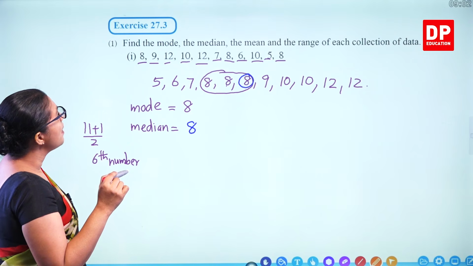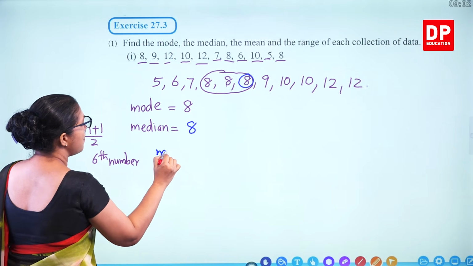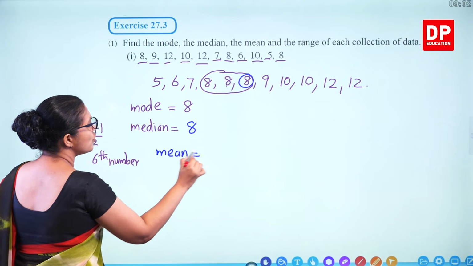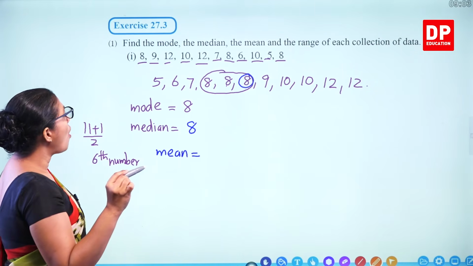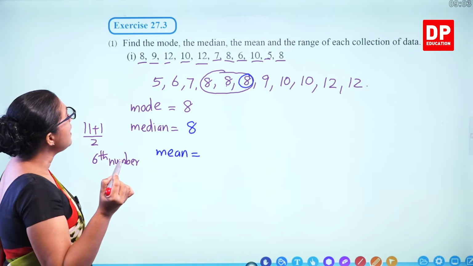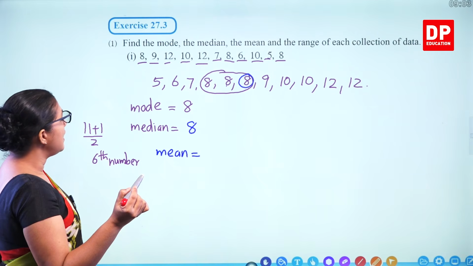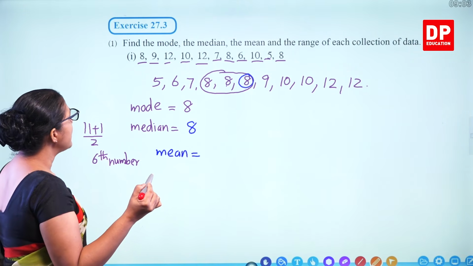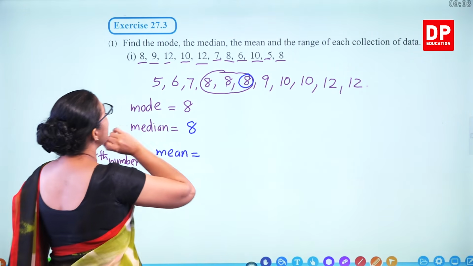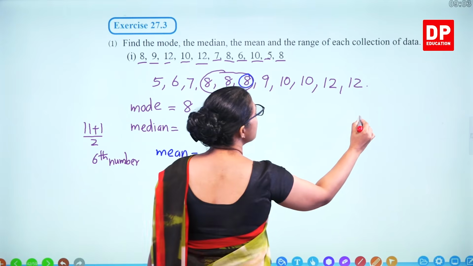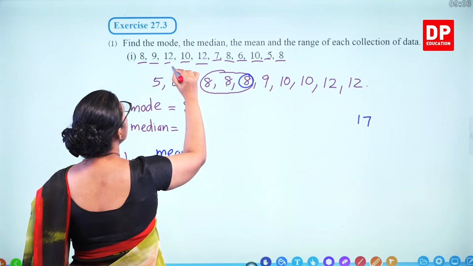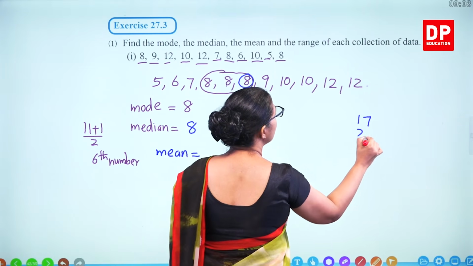Then mean. Mean is the average. We can add all the numbers and divide by 11. So we'll add 8 plus 9, 17. 12 and 10, 22.